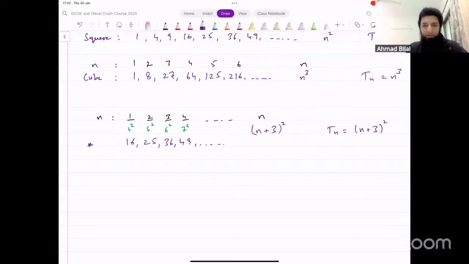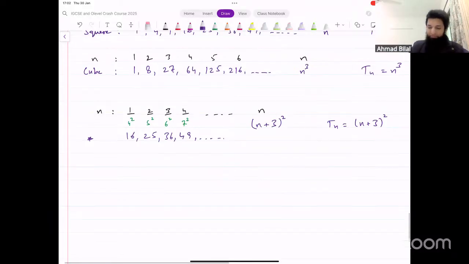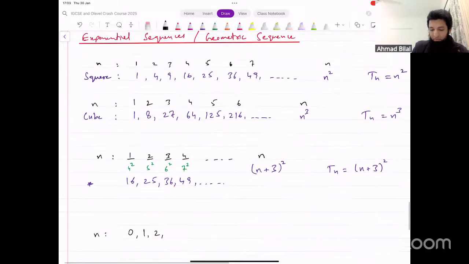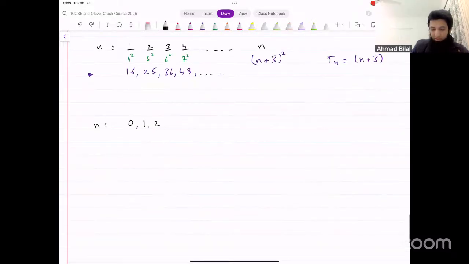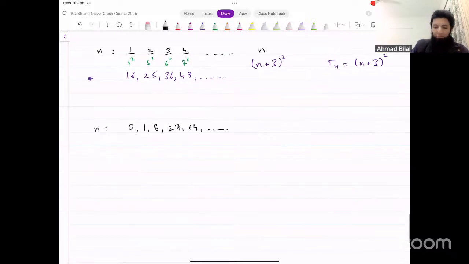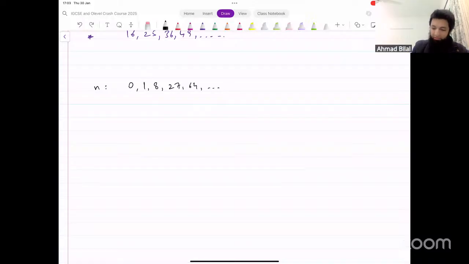Let's take another example. Let's make it cubic. You have 0, 1, 8, 27, 64, and so on. Now, do you recognize these numbers? These are cubes, right?